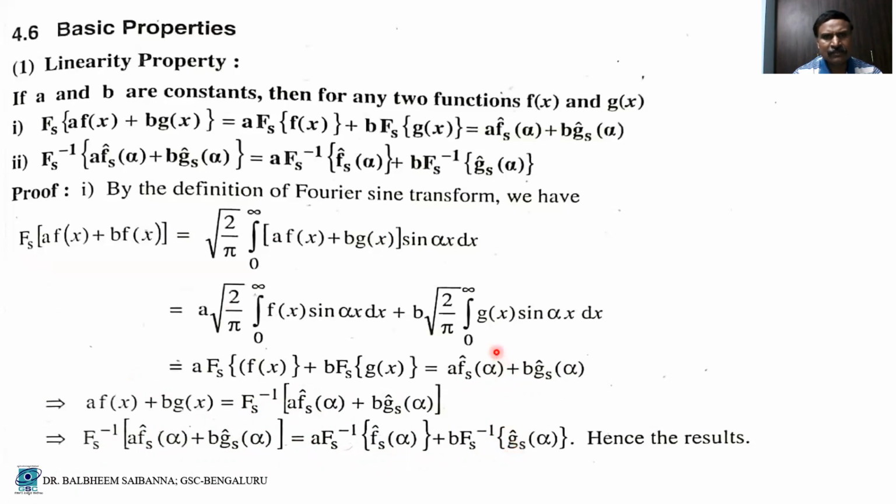Hence look here, what you have to prove, two results. One we have proved, this is equal to a Fs of f of x plus b Fs of g of x, equal to a Fs cap alpha plus b Gs cap alpha, and the second result is here.